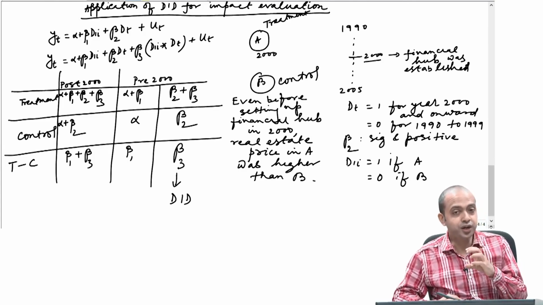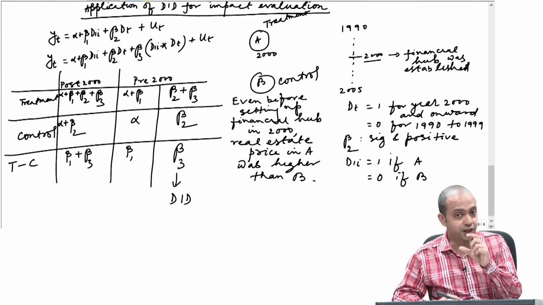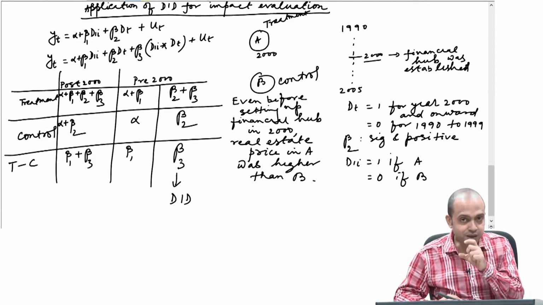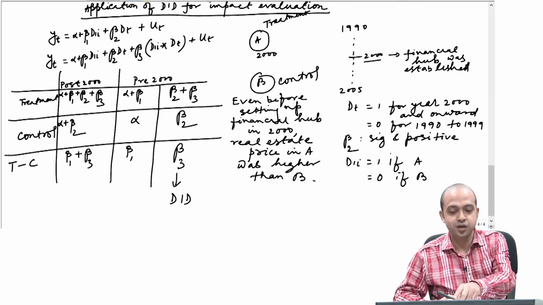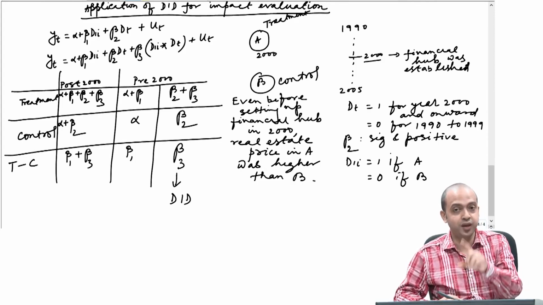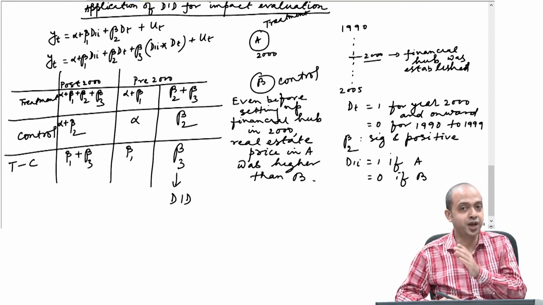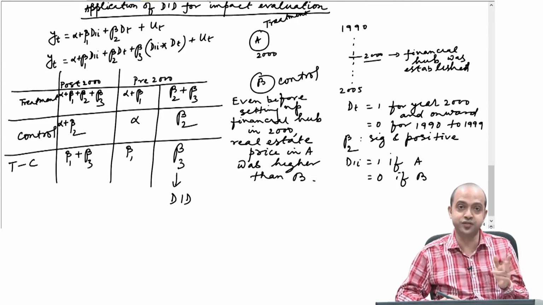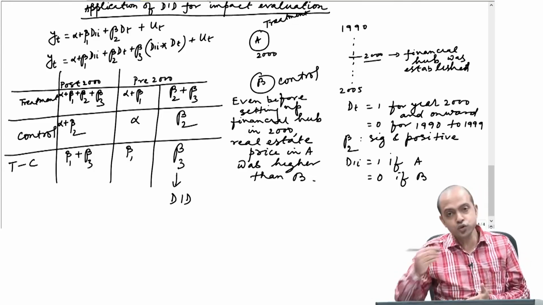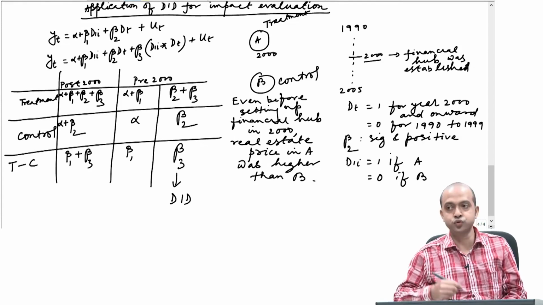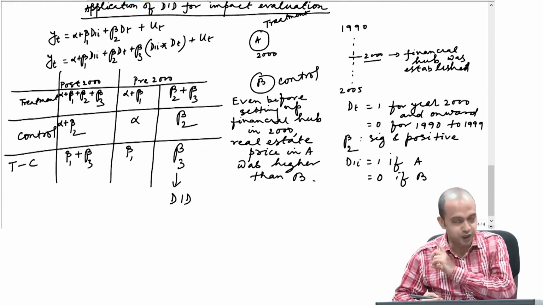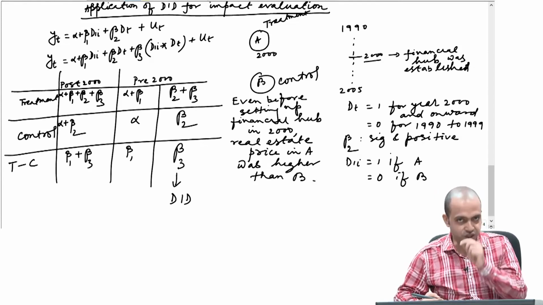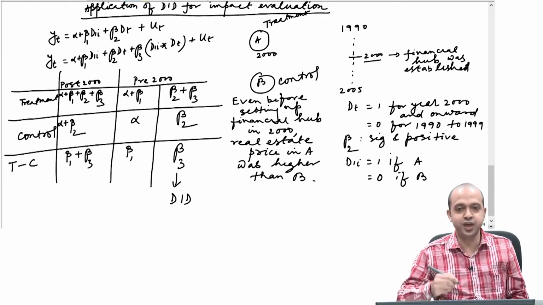I have to calculate the rate of migration for area A and area B, and then take the difference in rate of migration between A and B in pre 2000, when the climate had not changed drastically. Then in post 2000 also, I have to calculate the change in migration rate between A and B.